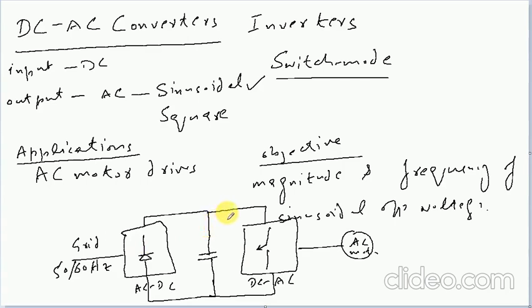The chapter title, this is in fact chapter number 8, from the same book that we have followed for the converters, that of Mohan. So the chapter title is also switch mode DC to AC inverters, in which we have DC voltage on the input side and sinusoidal AC voltage on the output side.